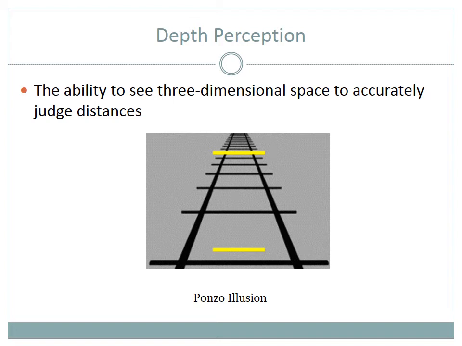But because they're drawn on something like a railroad track that goes off into the distance, into infinity, you would think that the top one is the bigger one. And really, this illusion is just playing with your depth perception, which is the ability to see three-dimensional space to accurately judge distances.